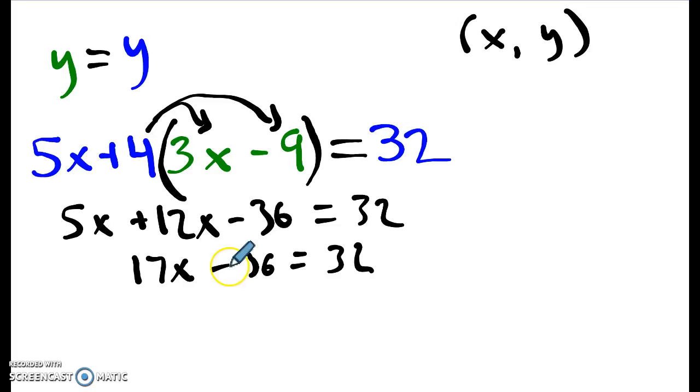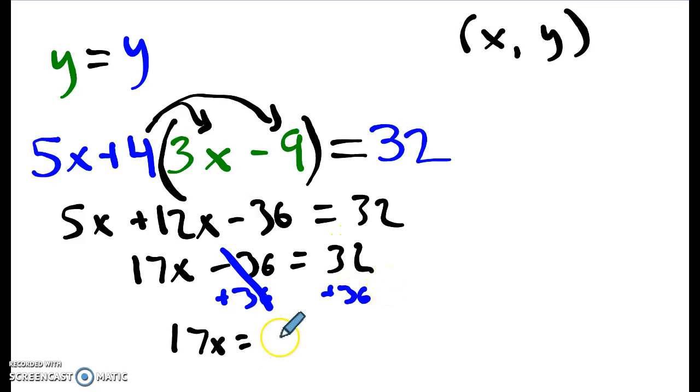And now we're going to add our 36 to both sides to get the 17x by itself. So plus 36 on both sides, which will get us that 17x equals 32 plus 36 is 64.